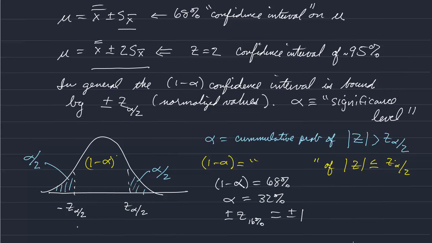So in general, we would estimate mu as equal to the grand mean of all of our samples plus and minus z alpha over 2 times our estimate of the standard deviation of our sample means. Okay, and that gives the 1 minus alpha confidence interval on our estimate for mu.